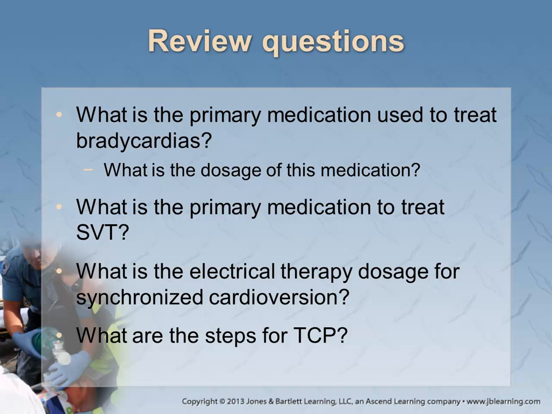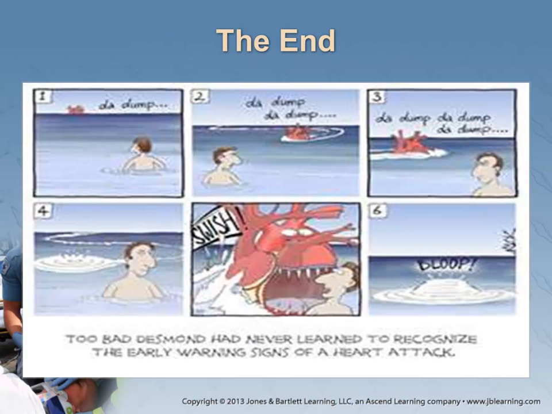What's your dosage for wide complex? 100 joules. All right? It also depends if it's regular or irregular. And then the steps for transcutaneous pacing, we'll come back to that because we're going to hit that again in the lab, okay? Are there any other questions?